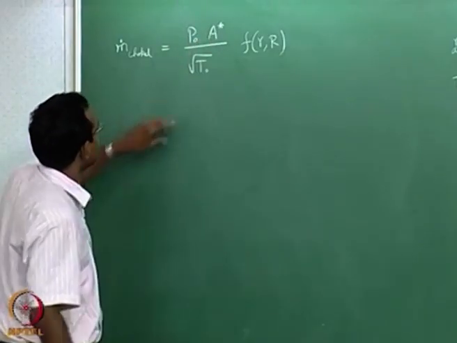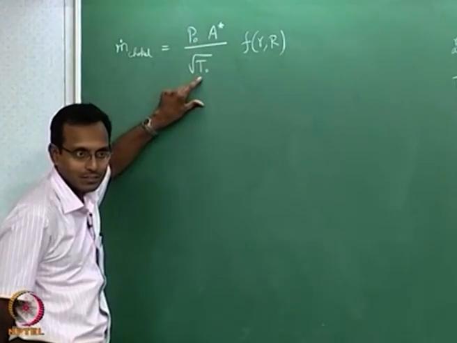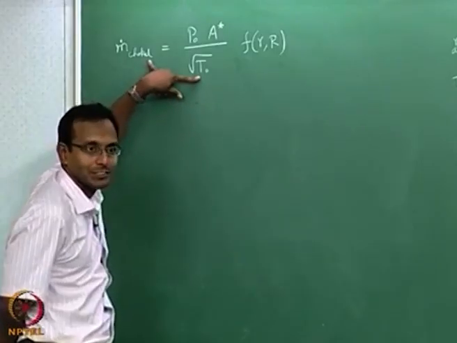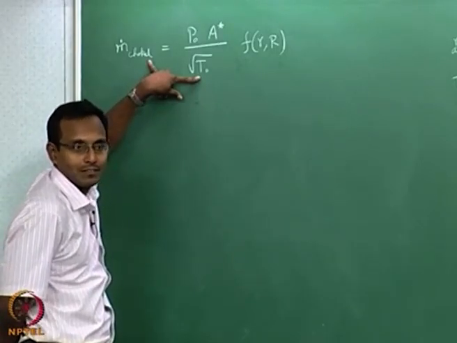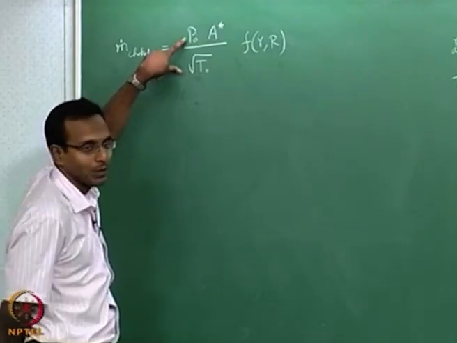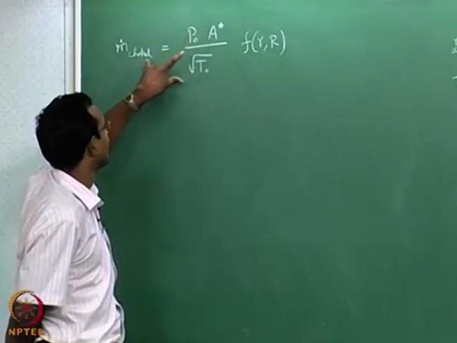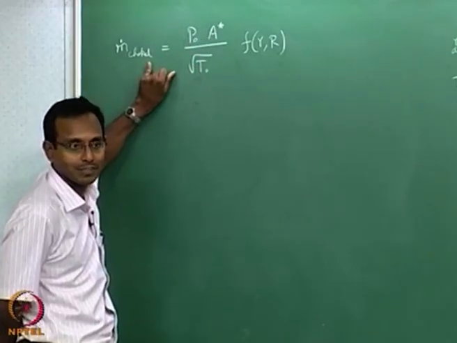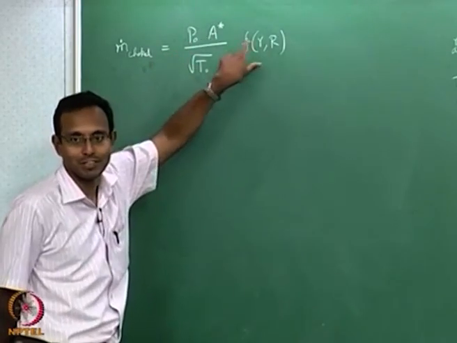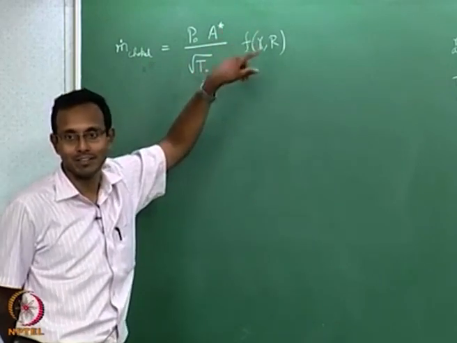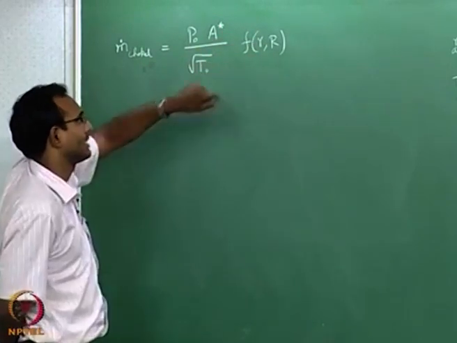Now I am going to say, if I increase my T naught, I find that my m dot decreases. Okay, if I decrease my P naught, my m dot decreases. If I decrease my A star, my m dot decreases. Okay, of course I am keeping gas constant, if not I have to think about what is the effect of gamma inside here. We will not worry about that right now.